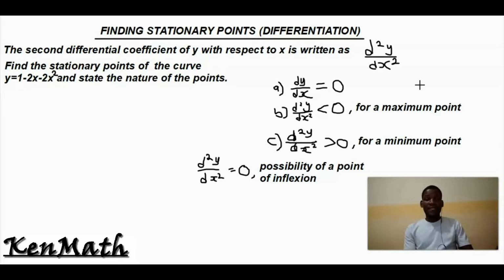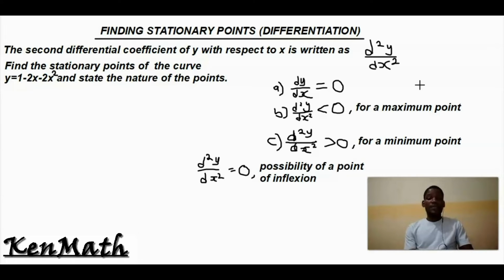And if dy over dx is less than 0, then the function y equals a function of x is decreasing. Those are the things we're supposed to take note of.